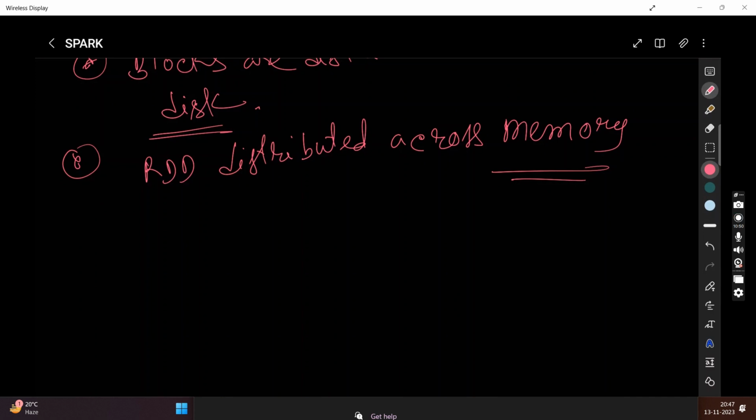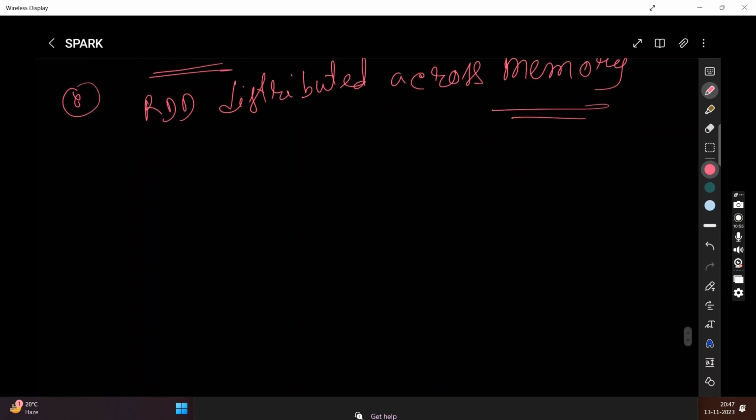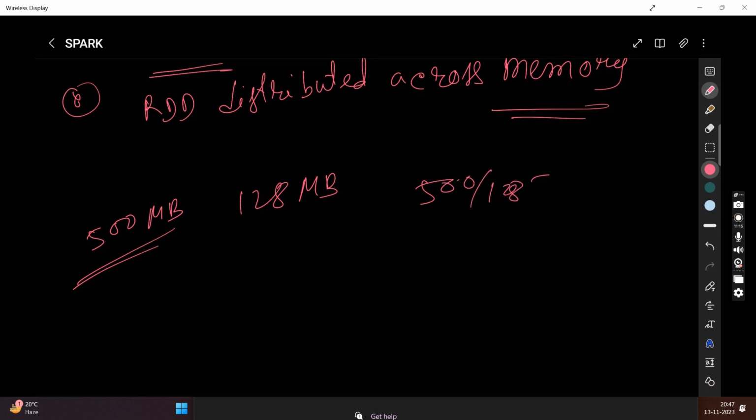We already know that if we load 500 MB of data and the default block size is 128 MB in our HDFS, there will be 4 blocks, 500 divided by 128.